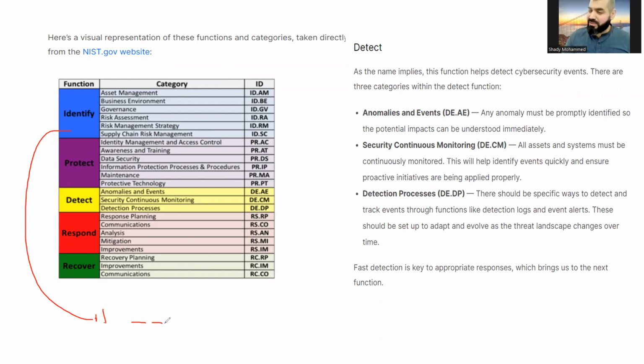ISO 27005 is the risk management process. It will tell you exactly, as guidelines, how to assess a cybersecurity risk within the organization. But again, the NIST cybersecurity framework, the CSF, is the generic idea. Under this generic idea, there are so many other publications that you can use to conduct a risk assessment in a proper way.